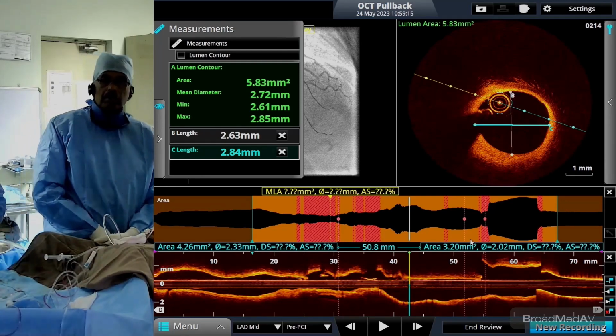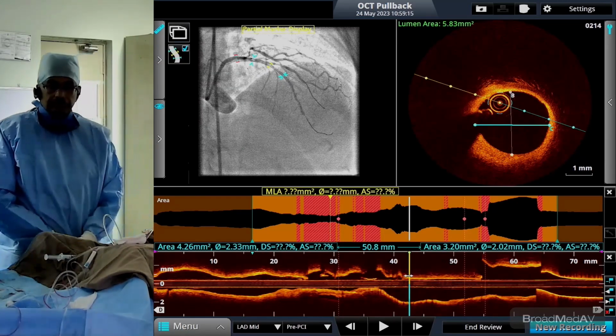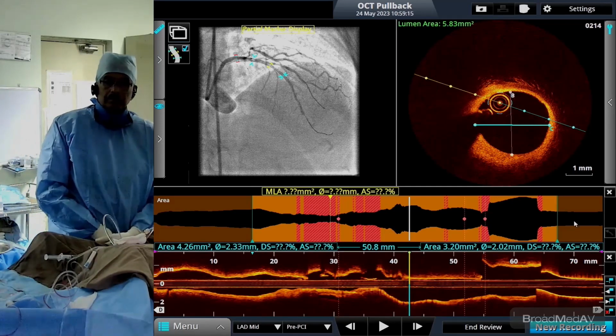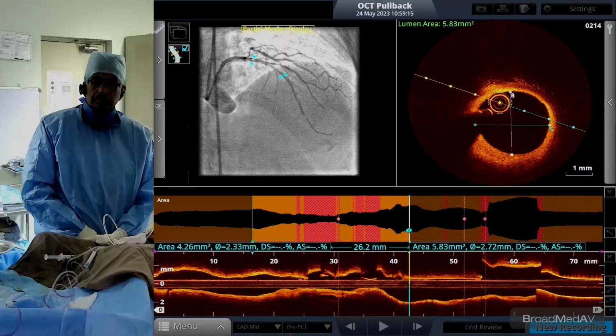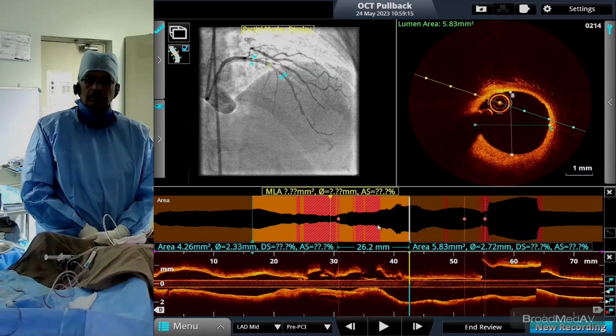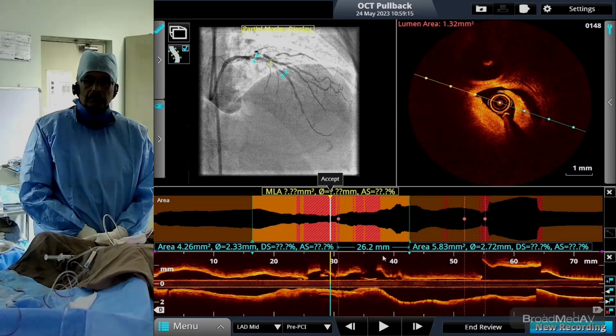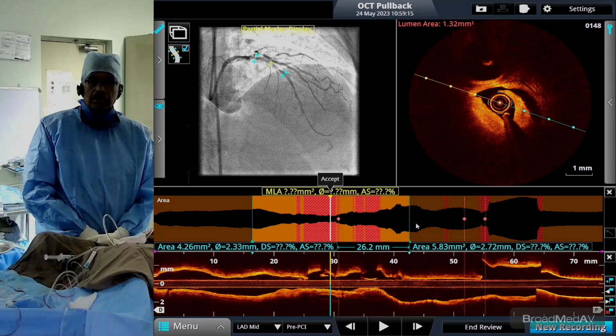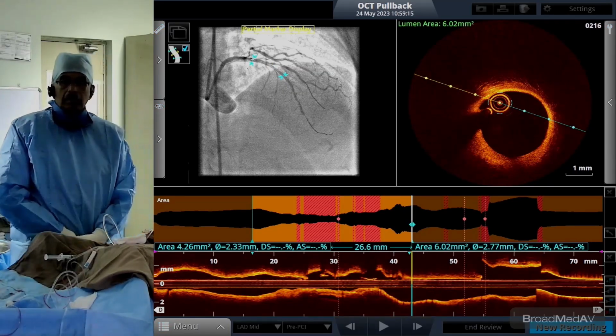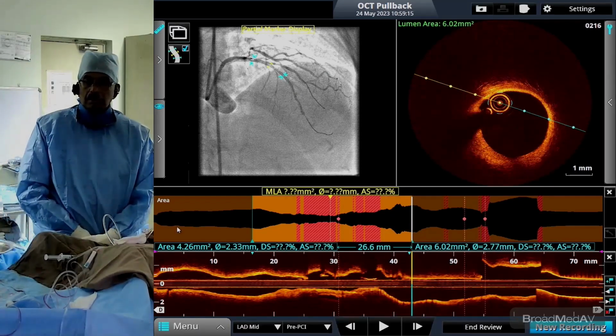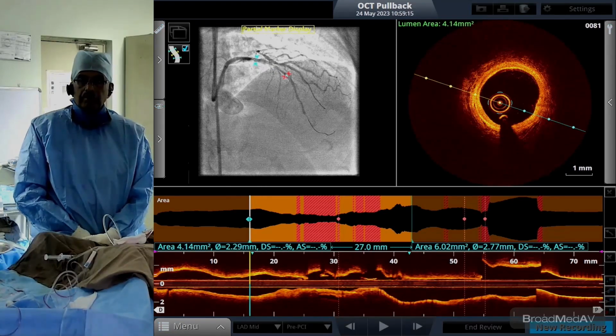Maybe I think 3 is going to be the proximal area. So at that area I will place a proximal landing zone so that it will show automatically the length. It's 26.2. So even if we place 28, we can always go down distally.